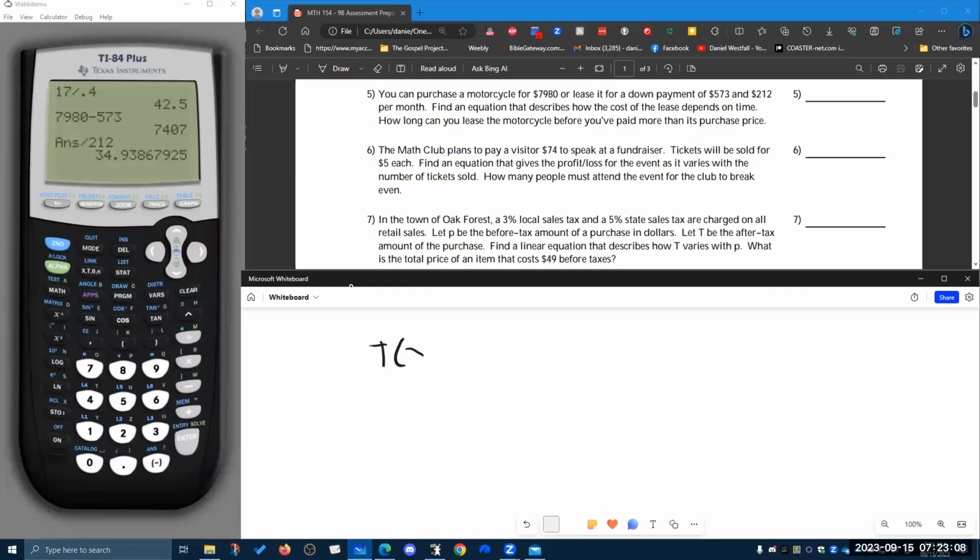So T of P equals... So we're going to have a total of 8% tax that's charged, and we have to pay 100% of the original price as well.